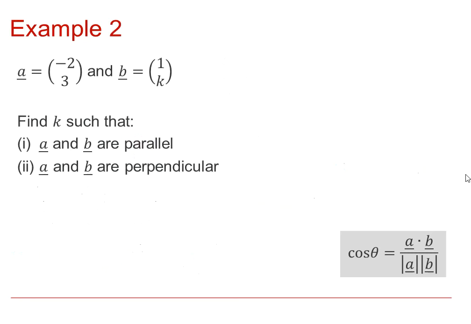Here is another example where we would use this information. These are the 2D vectors A, (minus 2, 3), and B, (1, k). We wish to find k such that A and B are parallel. You'll remember then that we need the direction vectors of those vectors to be multiples of each other.